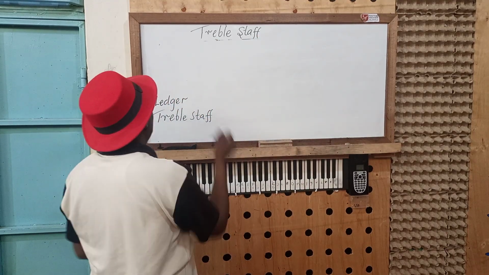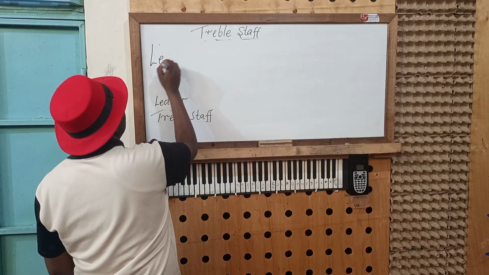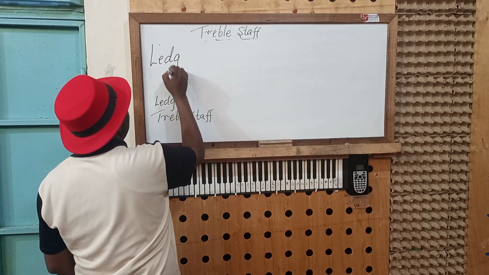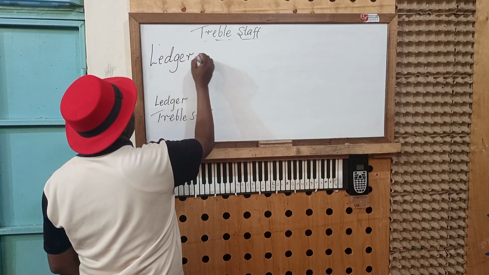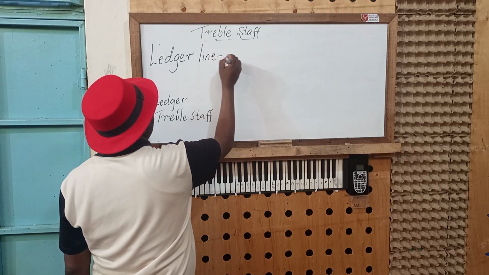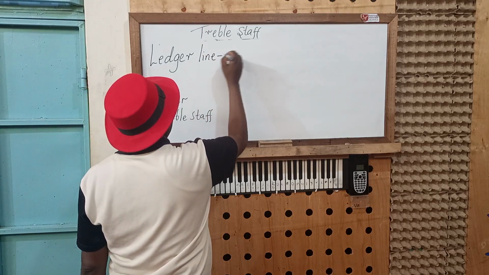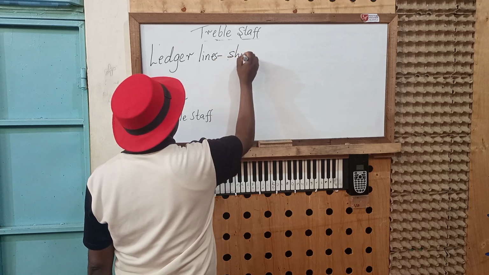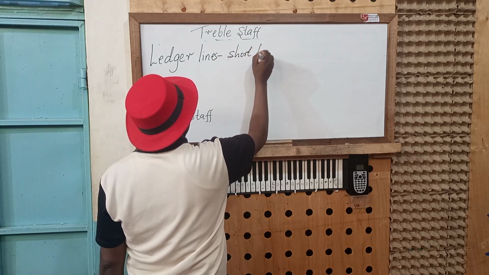I want to again look at the word ledger, and I want to add the words ledger line. Ledger lines are short lines.